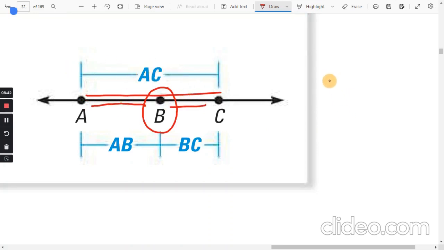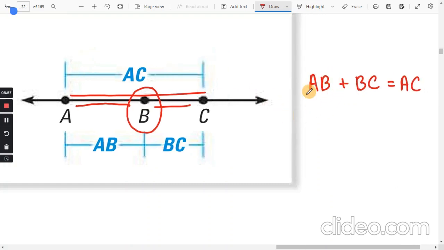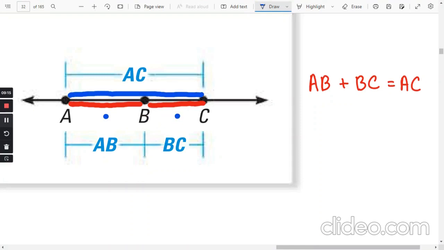In terms of length, AB plus BC equals AC. Those are just the lengths of each segment. So in other words, they are saying that this plus this equals that. They're adding the 2 smaller pieces, and that equals the whole thing in terms of length.